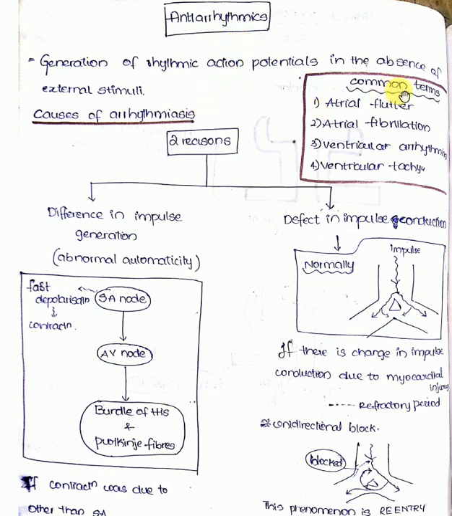So what are the common terms that we look at in this session? Atrial flutter: generally the atrial fibers beat from 200 to 350 beats per minute.